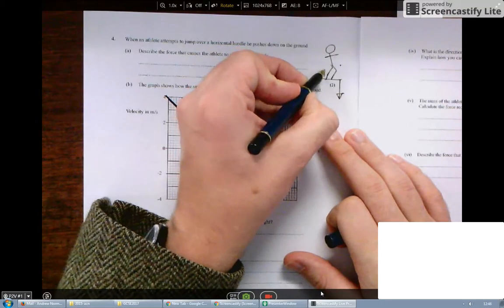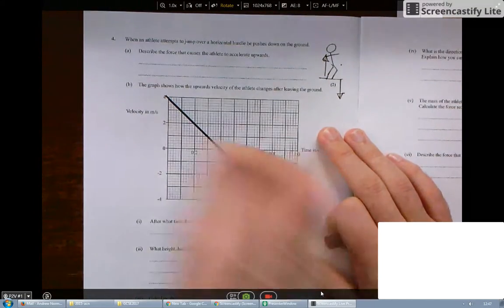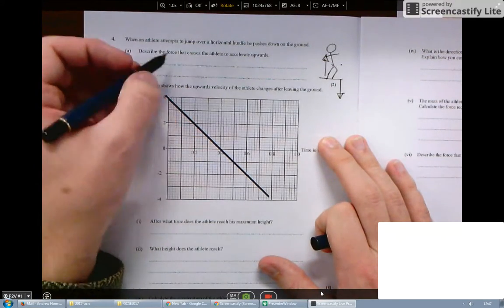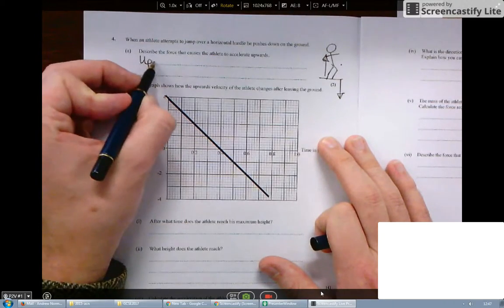By Newton's third law, that means the ground pushes up on the athlete with an opposite force, so upwards instead of downwards, and that pushes him upwards. So the force that causes the athlete to accelerate upwards must be an upwards force.